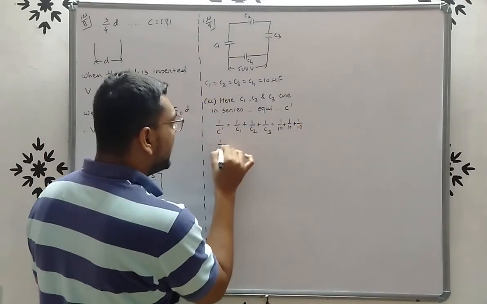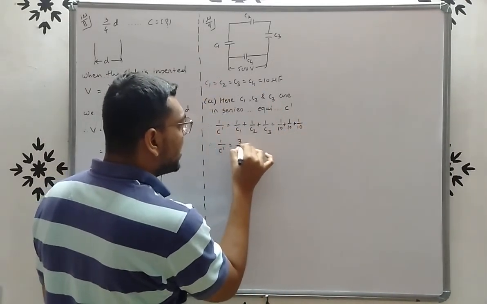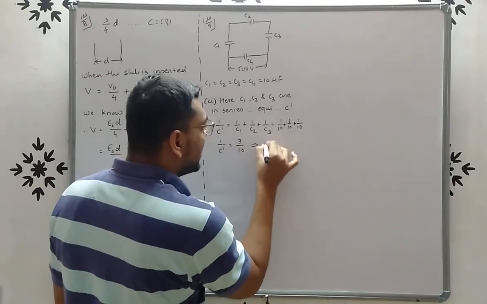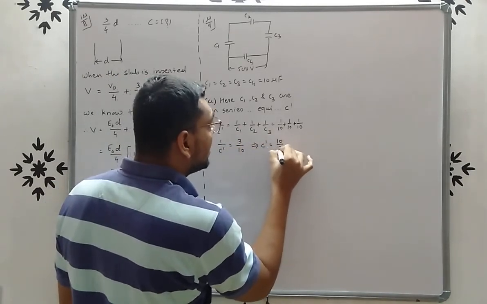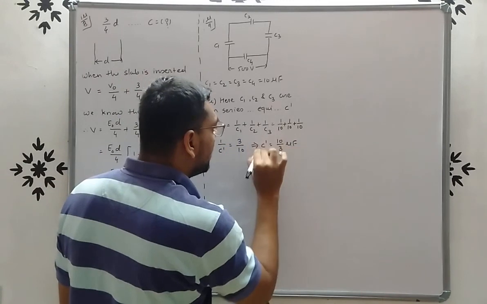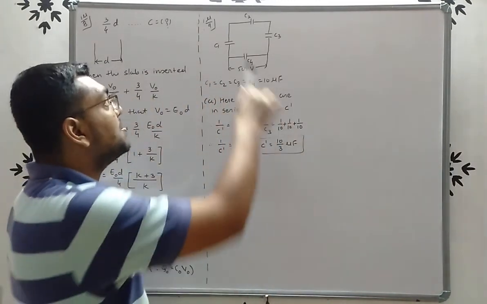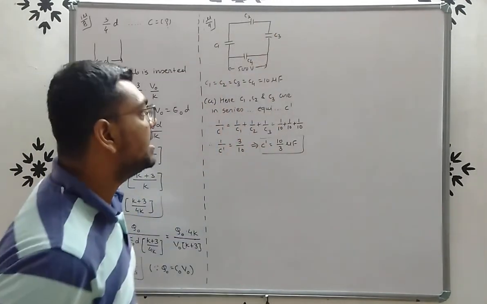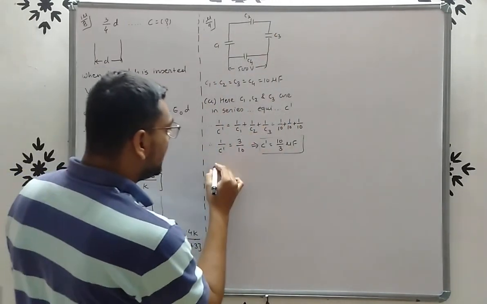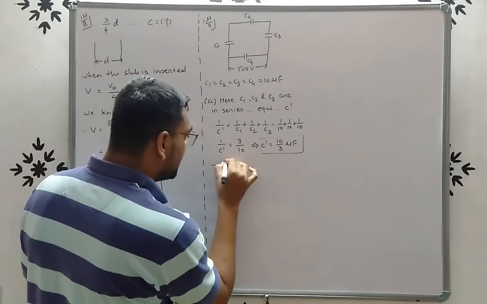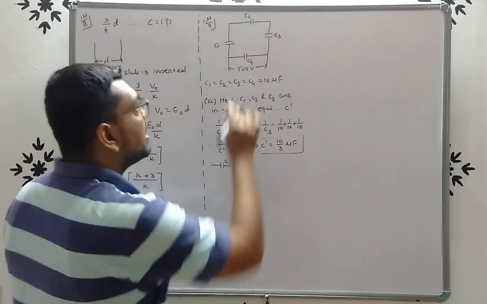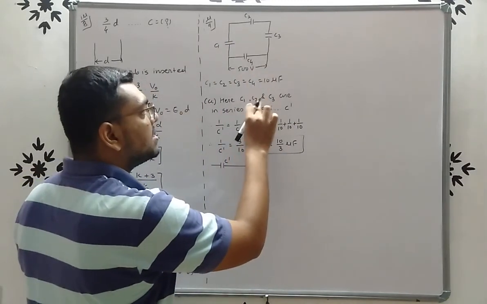So we get 1 by C dash is equal to 3 by 10. So we get C dash is equal to 10 by 3 microfarad. So the equivalent capacitance of capacitors C1, C2 and C3 is C dash.